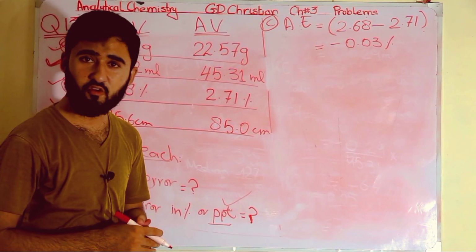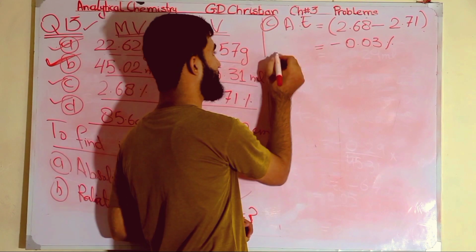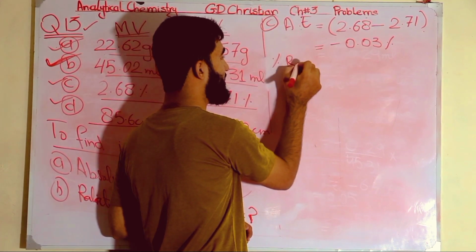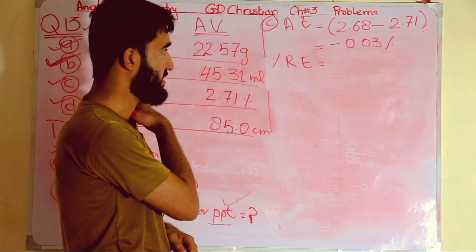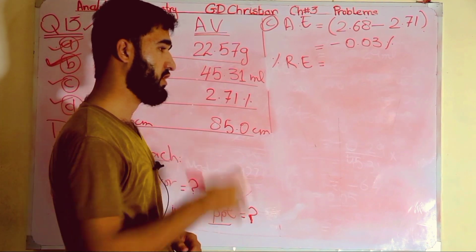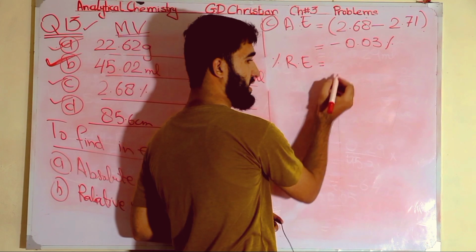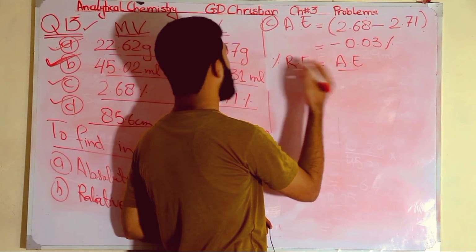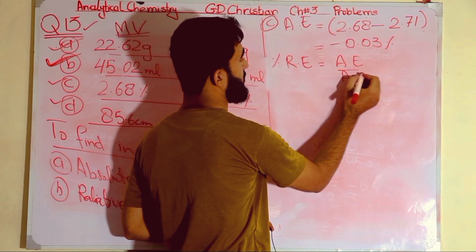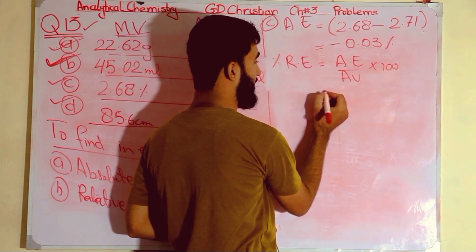After that, we have to find the percentage relative error. As we know that relative error is equal to absolute error over accepted value multiplied by 100.